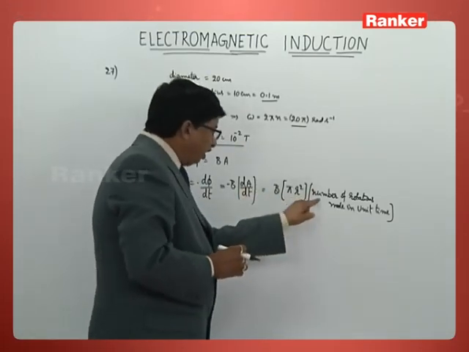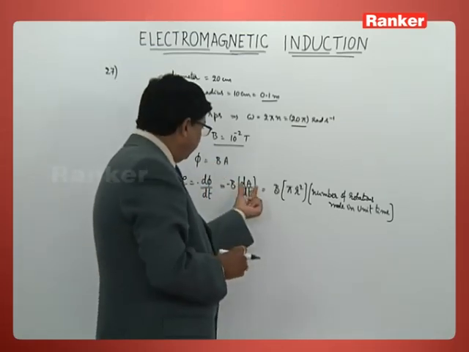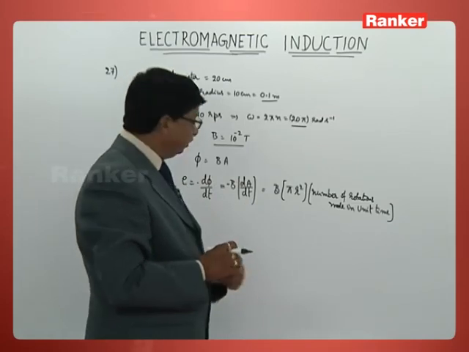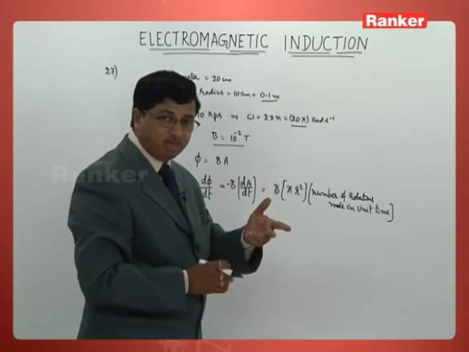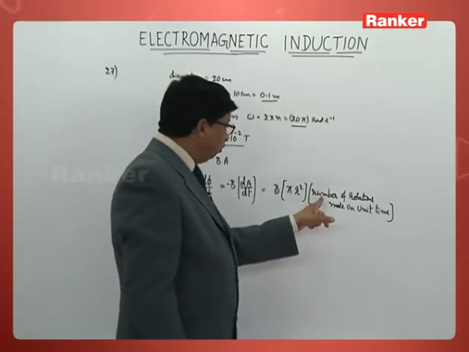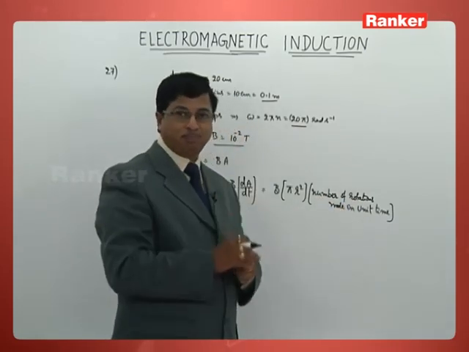What for we people are writing this way, you can better understand. dA is πr², fine. 1 by T means reciprocal of time period is called frequency. That frequency we can write as the number of rotations made in unit time.